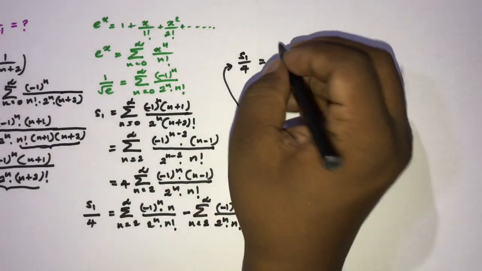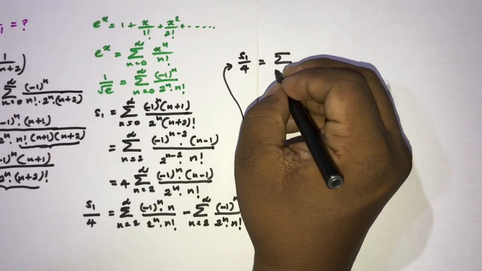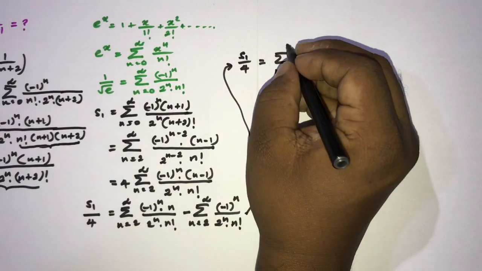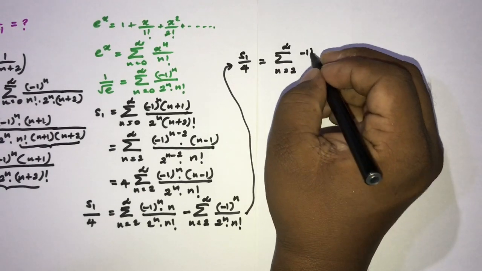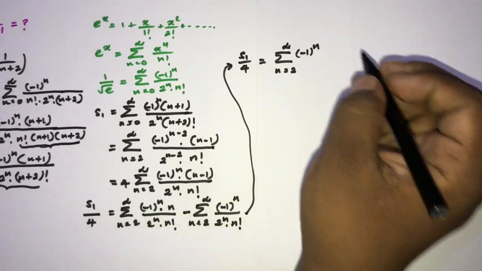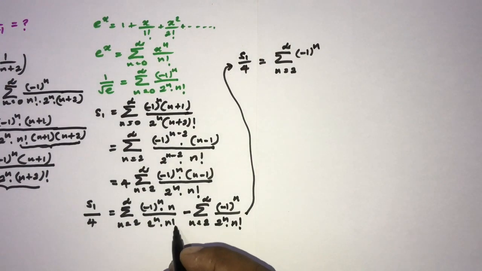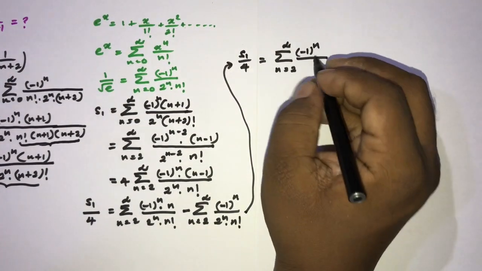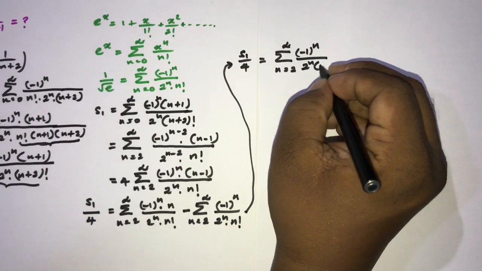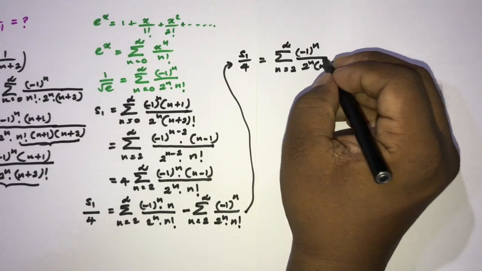the sum of n equal to infinity of minus 1 to the n power times n factorial, so we can simplify here, over 2 raised to the n times n minus 1 factorial.